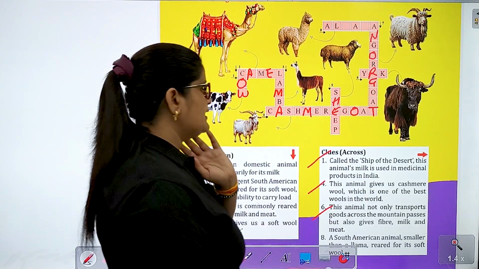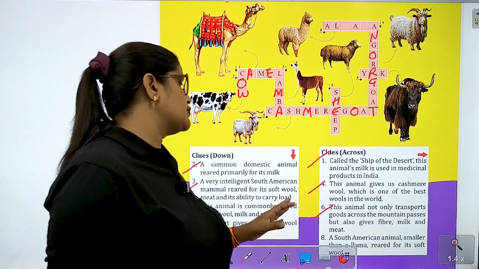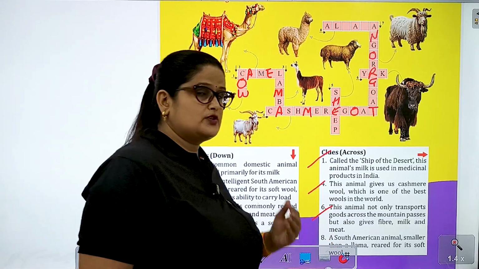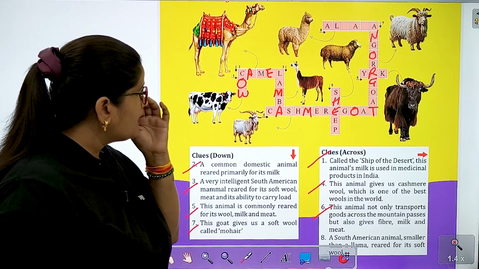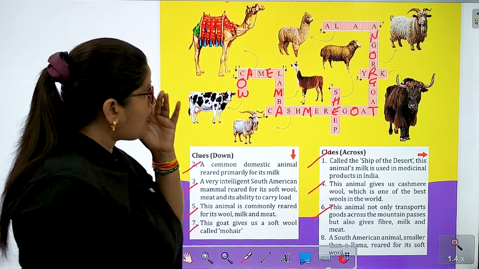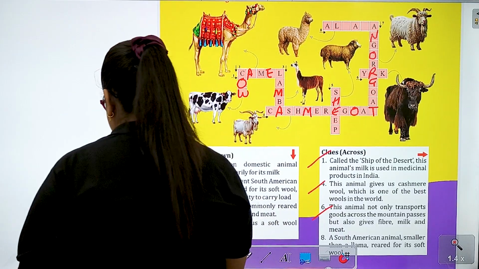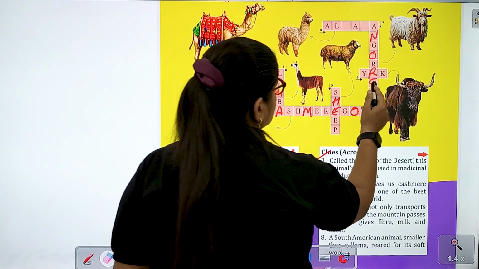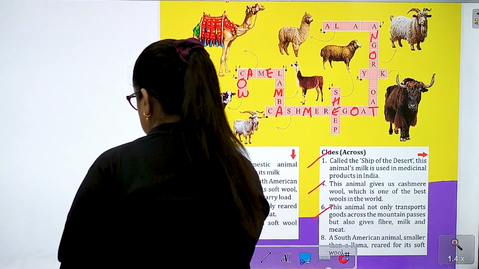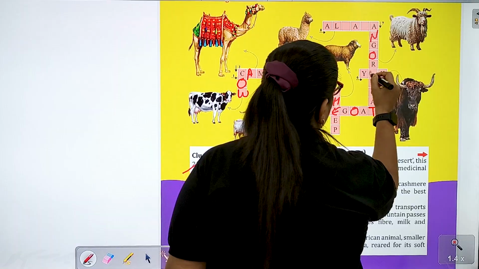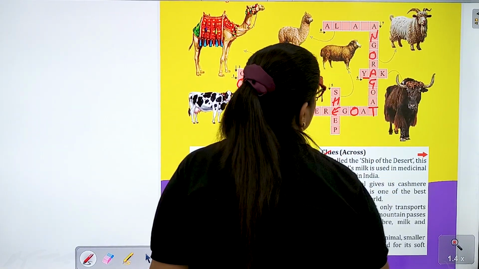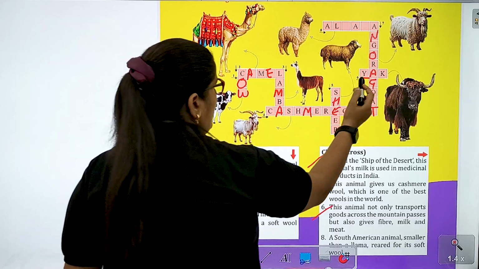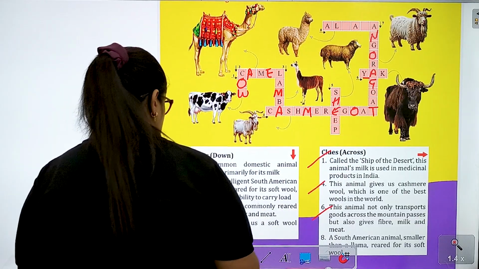Number 6, this animal not only transports goods across the mountain passes but also gives fiber, milk and meat. Yak, okay, Y-A-K, yak.